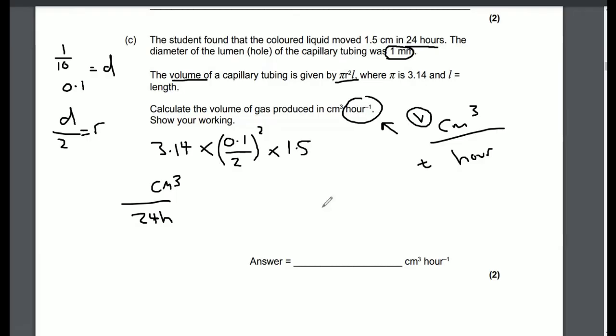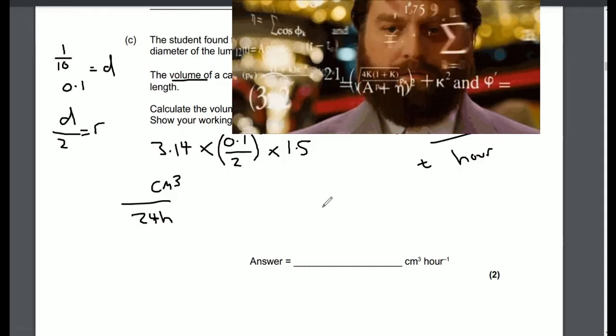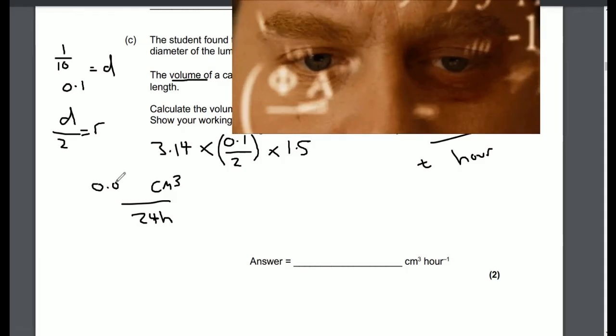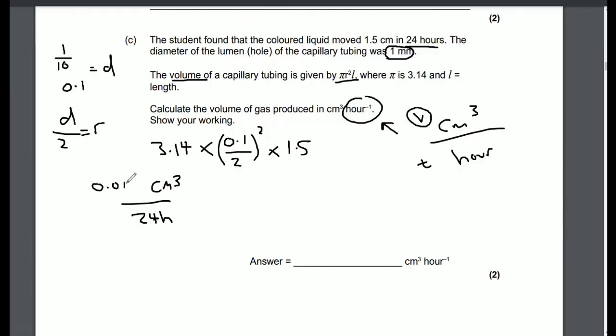So let's smash that all into the calculator and then divide that by 24.